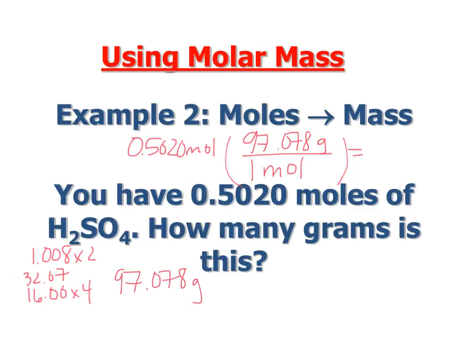This time everything's on top, so it's going to be multiplication, and you get 48.733156. To account for sig figs, we started with 4 significant digits. So we get to keep 4873, and that is followed by a 3, so we leave it as 48.73 grams.